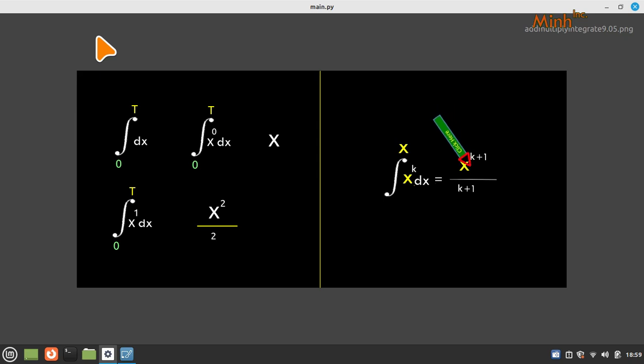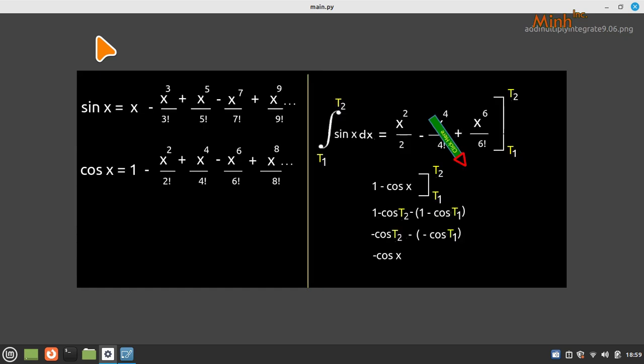As I stated, integration starts with smaller things, and then slowly it leads to complex items. Now we'll move to sin x and cos x. The sin x series is x minus x cubed by 3 factorial plus x to the power 5 by 5 factorial. This is the sin x series, and this is the cos x series.